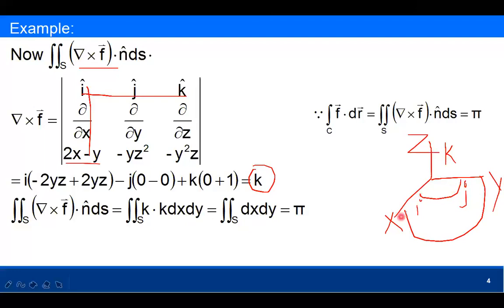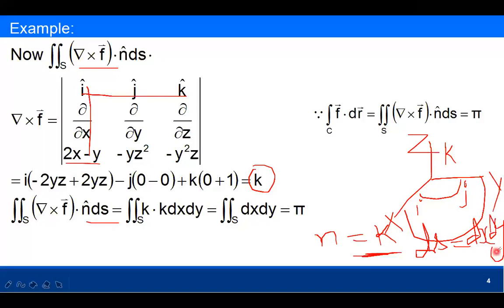So therefore you have to consider n equal to k, and ds equal to dx dy. So substitute these values: del cross f is k, n cap is k on the xy plane, and ds value is dx dy.